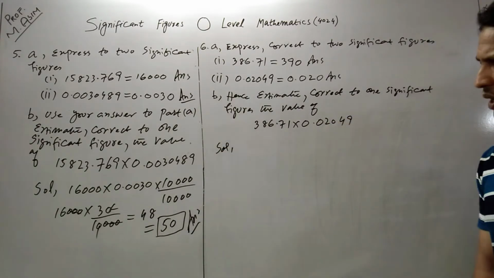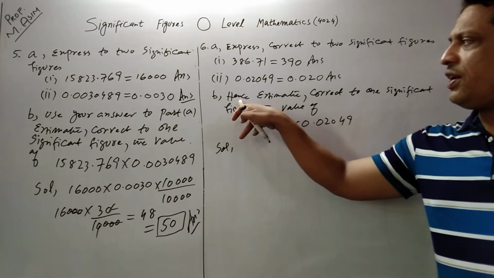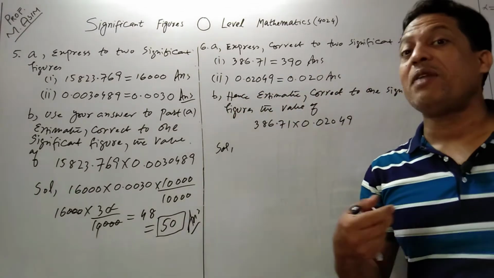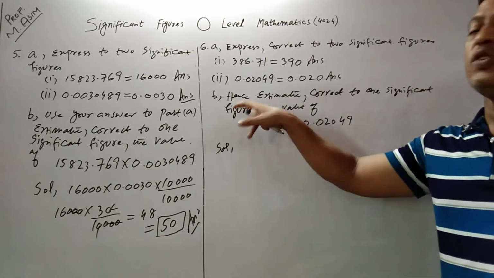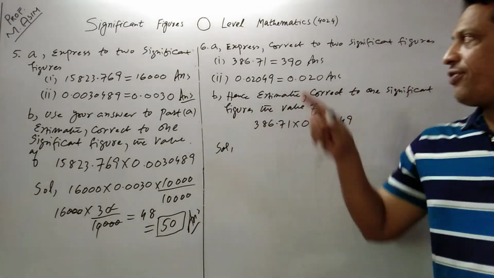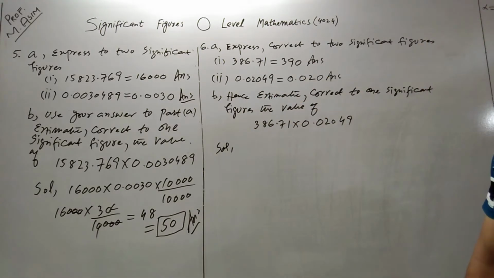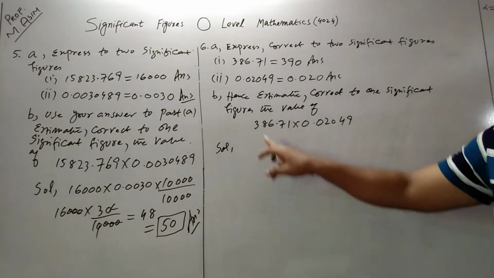Very easy. Student, whenever you see the word hence in the next part, like in part B, it means you must take help from the previous part. So hence estimate correct to one significant figure the value of this.